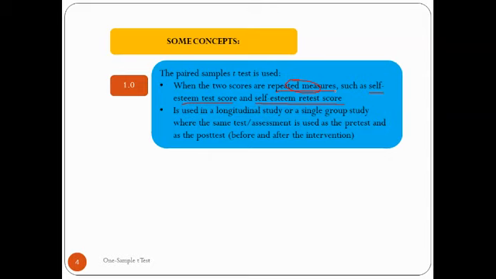So the measure, the instrument, or the questionnaire is used two times in this context. So this is the first rationale for performing a paired sample t-test.